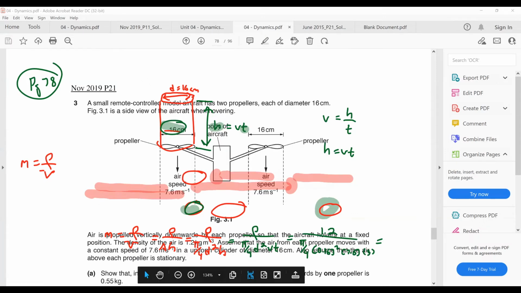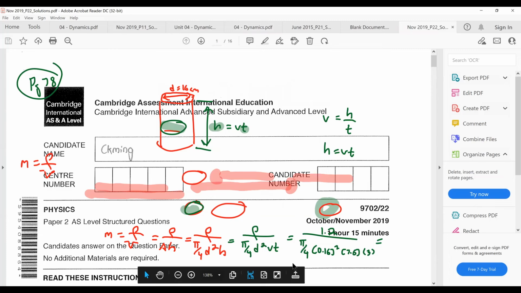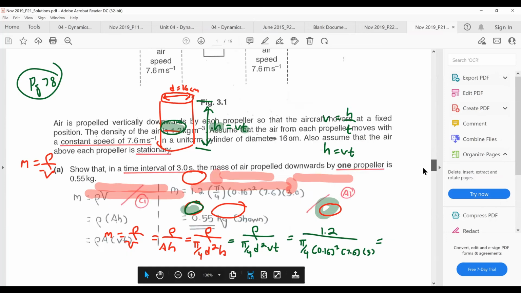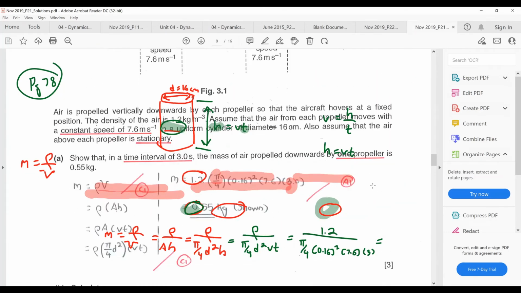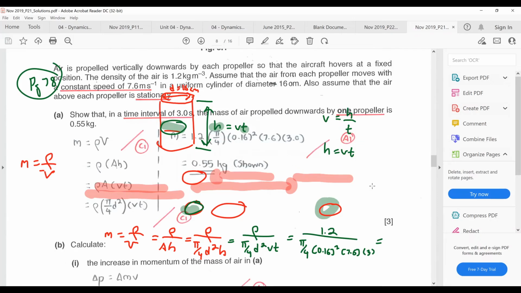Let me just open up the answer for you. November 19 P21. Oh, sorry. Now I know why. I defined the density wrongly, right? Okay, no wonder I couldn't get the answer.